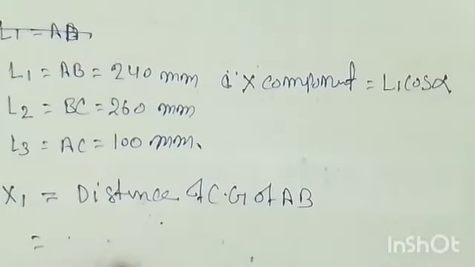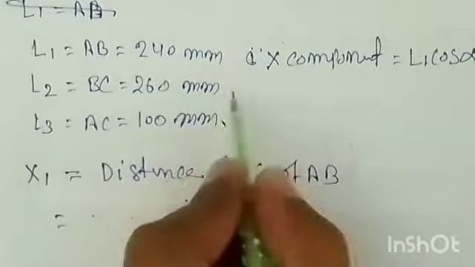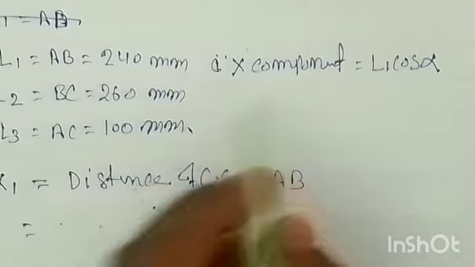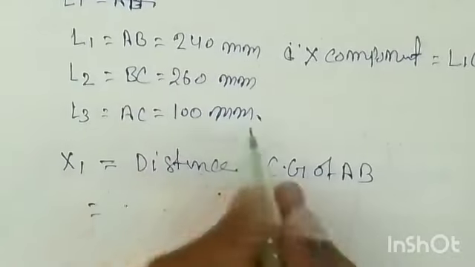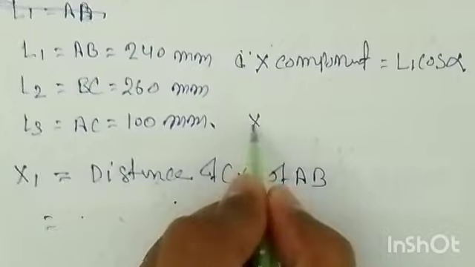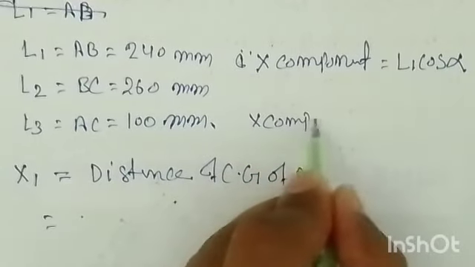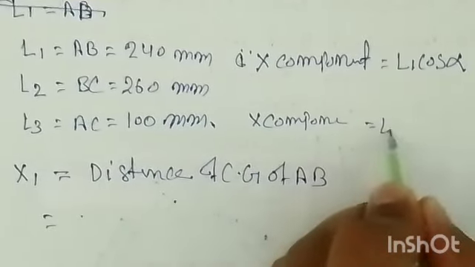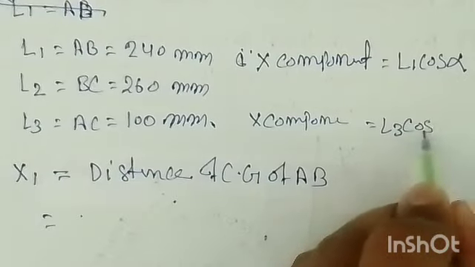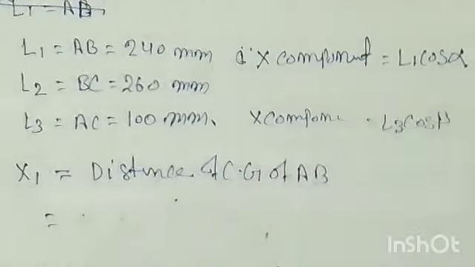Similarly, for BC, which is horizontal, we need not find the component. For AC, the x component is L3 cos beta, right? So already we know.